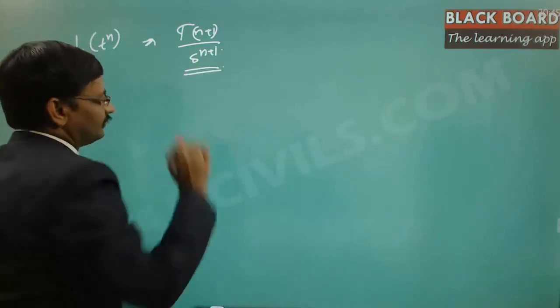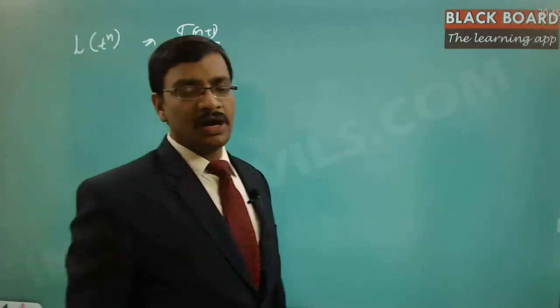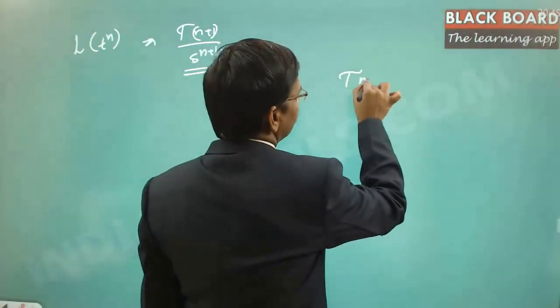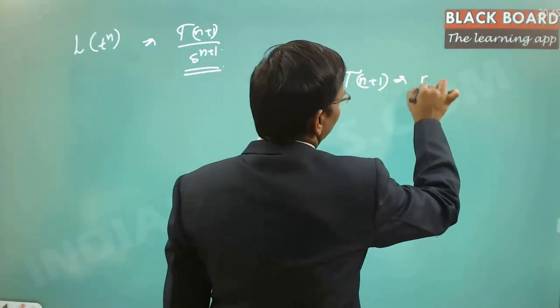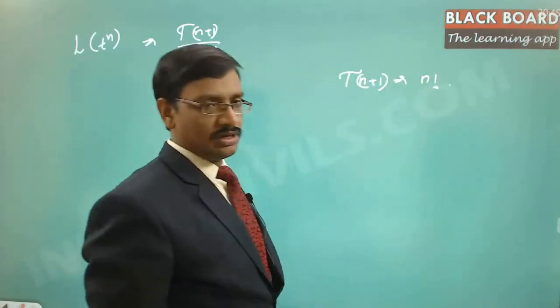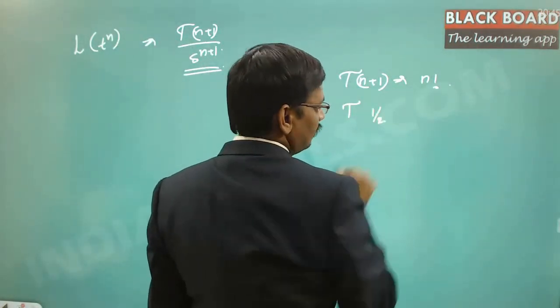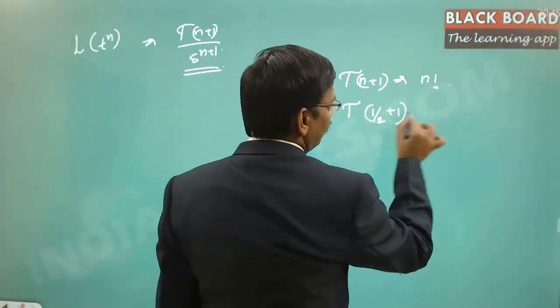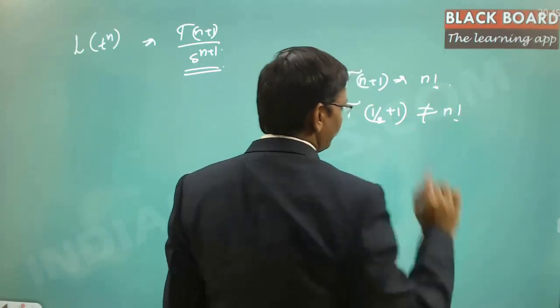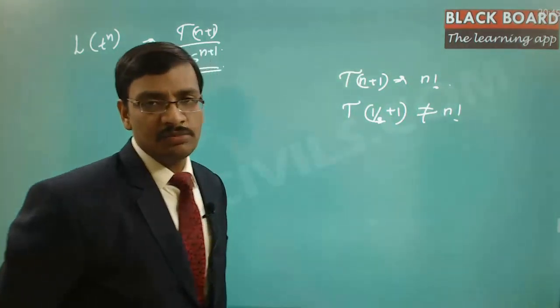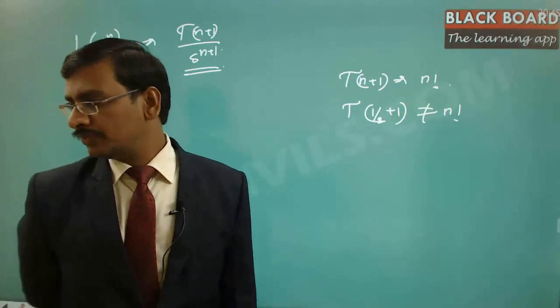So this is the meaning of it. Now for gamma of n plus 1, as long as it is an integer, we proved that this is n factorial. But if this is a fractional value, like 1 by 2 plus 1, this is not equal to n factorial, because no factorial can be defined for a fractional value. Got it?